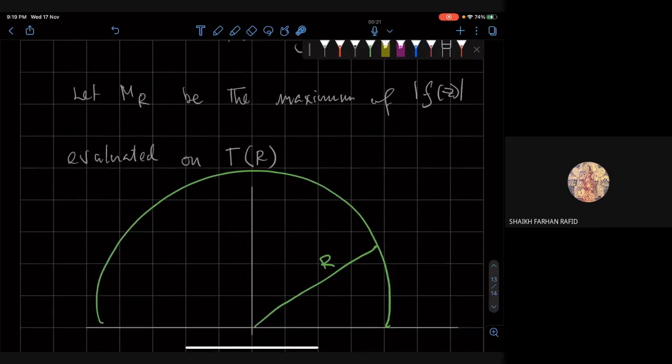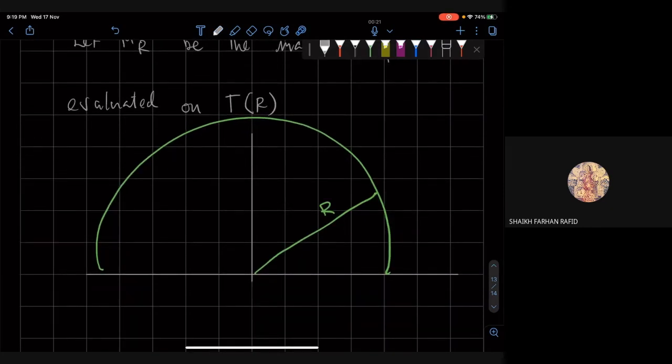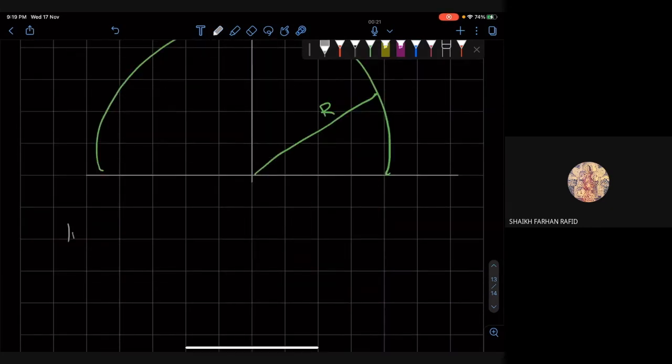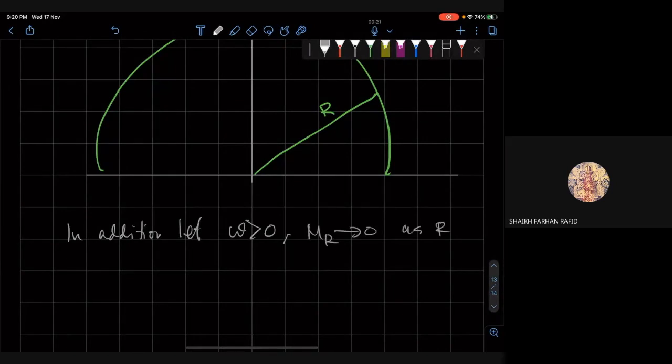Now, in addition, let omega be positive. So if omega is not positive, then you can look at the other plane, the lower half plane or something like that. And let m of r go to 0 as r goes to infinity, okay?